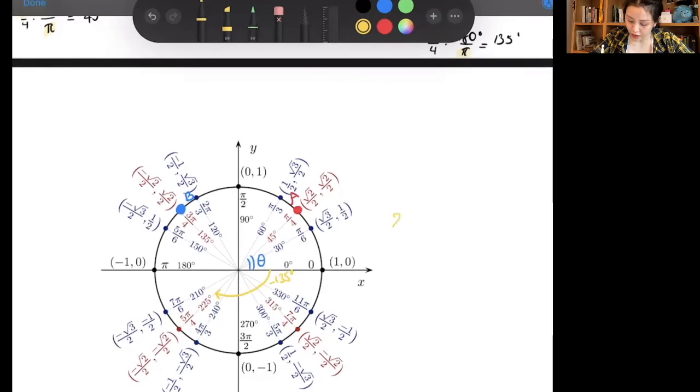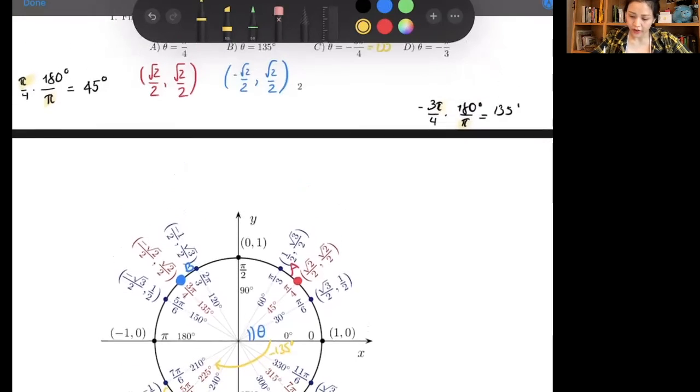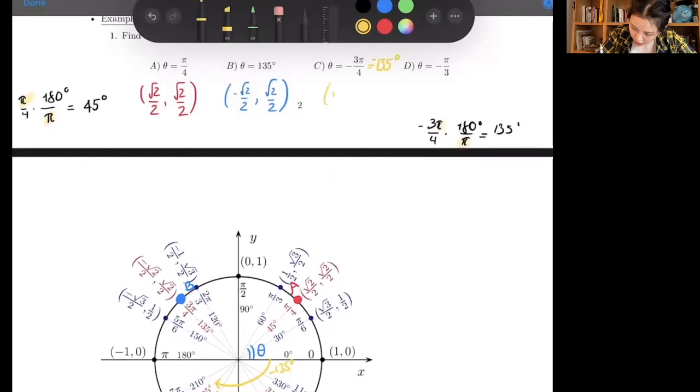Why? Because if you take 225, subtract 360, you get negative 135 degrees. All right, so right here is point C. At C, I have negative root 2 over 2, negative root 2 over 2 for x and y.